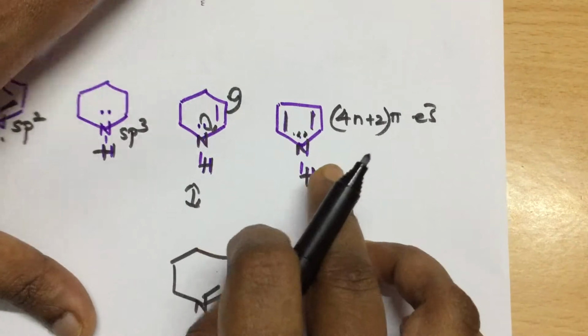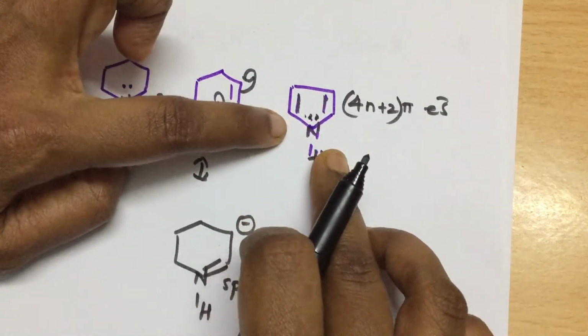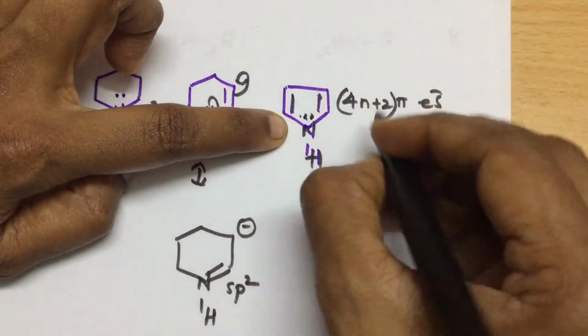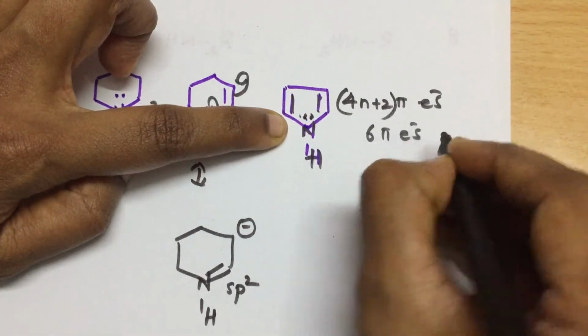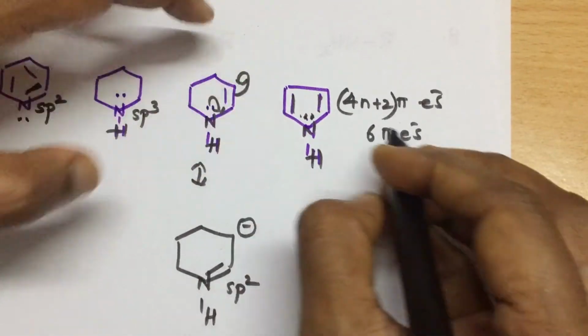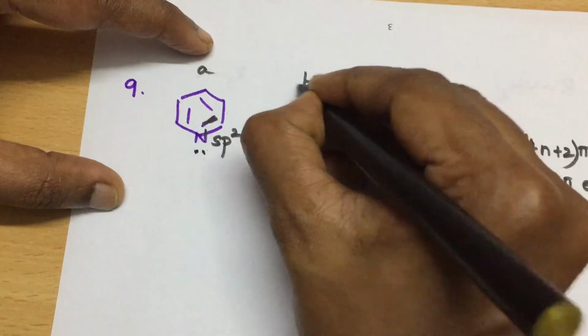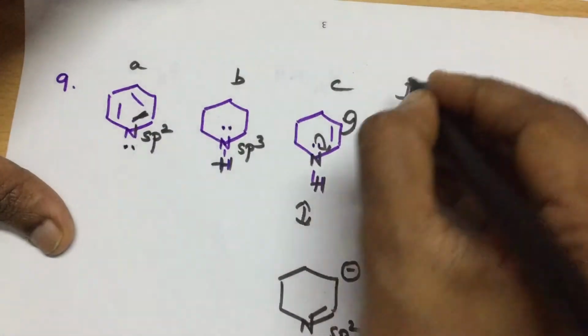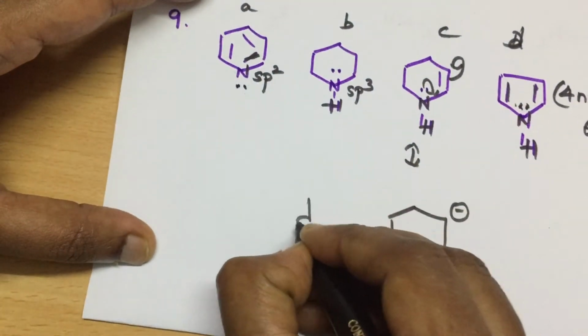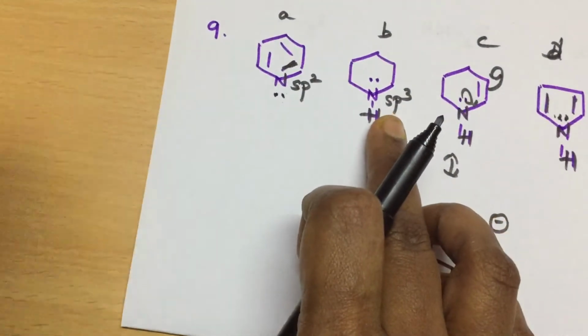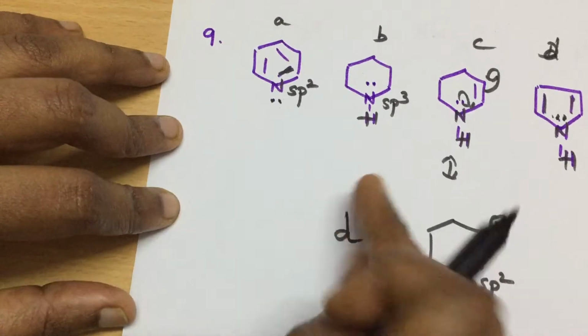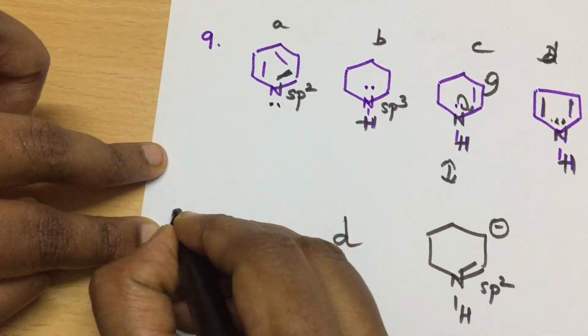So this will be the least basic. Okay, this will not be available for donation. These 6 pi electrons are part of the aromaticity. So if I label A, B, C, D, then D will be the last. So sp3 will be, for carbon also and for nitrogen also, sp3 will be more basic.